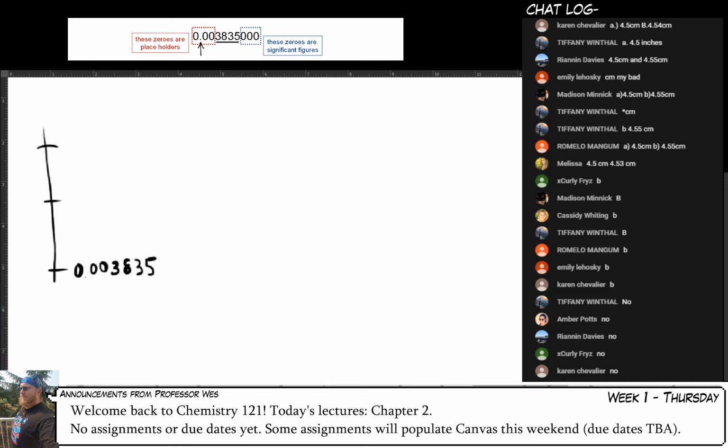Actually, that's not going to be the right number, so let's do... I didn't set my layers again, that's okay. I want to just make sure I get the right number of digits here. There we go.